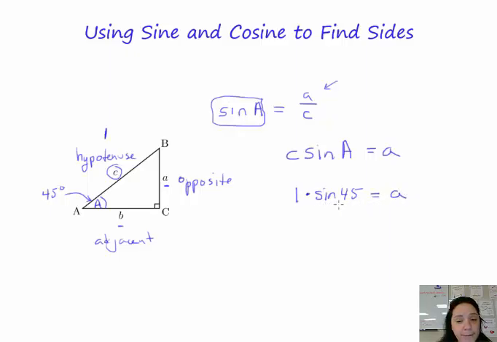And the sine of 45, which you can find with your calculator for an approximation, or as we'll learn later, is equal to the square root of 2 over 2. So I have 1 times the square root of 2 over 2 equals A, and I know then that the length of side A is the square root of 2 over 2.